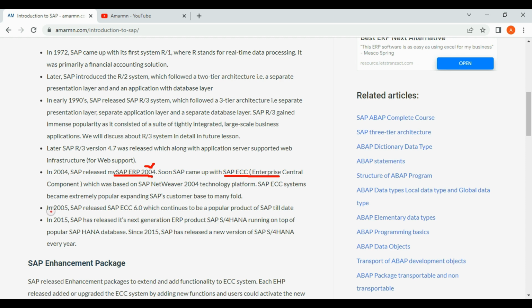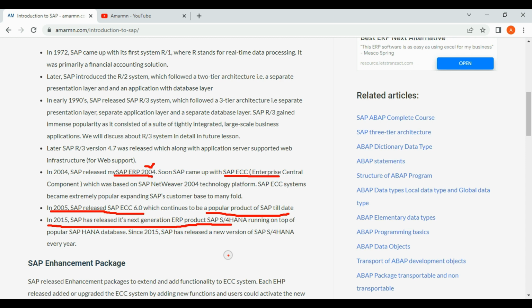Now, in 2005, SAP released the second version of ECC, that is ECC 6.0, and this continues to be a very popular product to date. Many organizations are still working on SAP ECC, Enterprise Central Component. Then in 2015, SAP released its next generation ERP product, very popular, known as SAP S4 HANA.